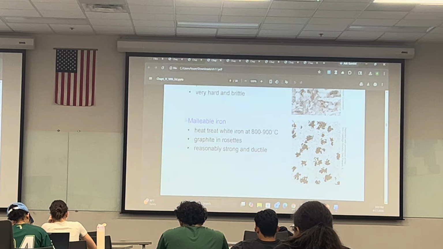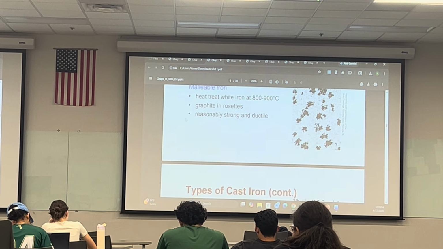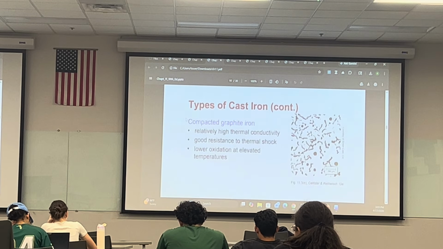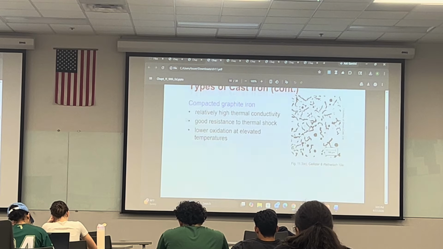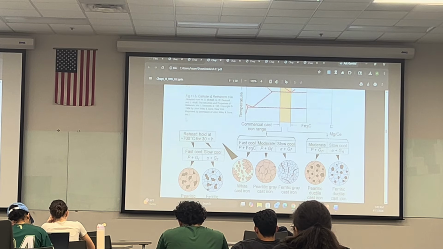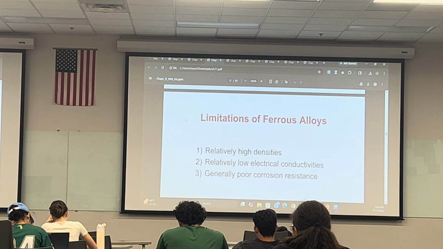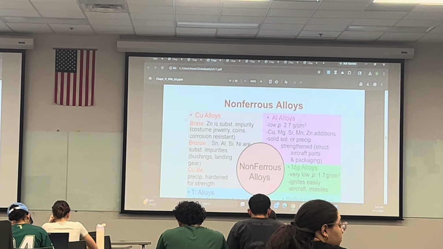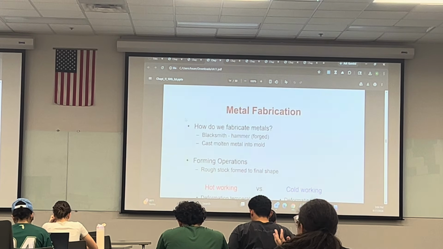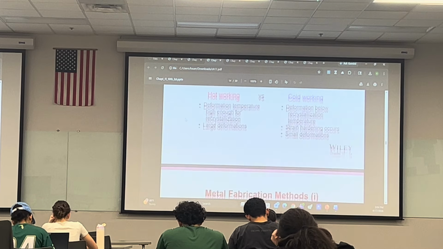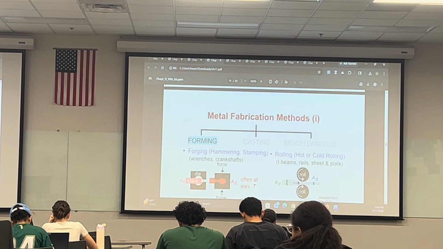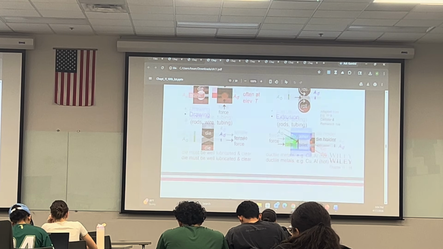Introducing different types of iron and their characteristics.